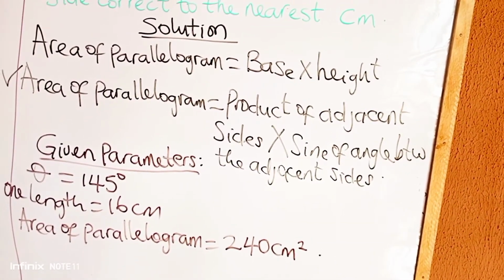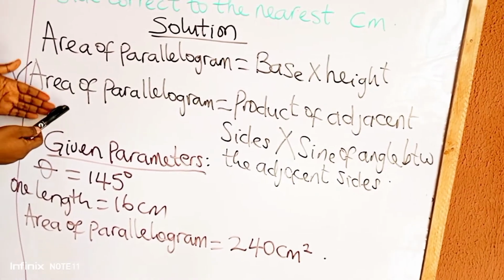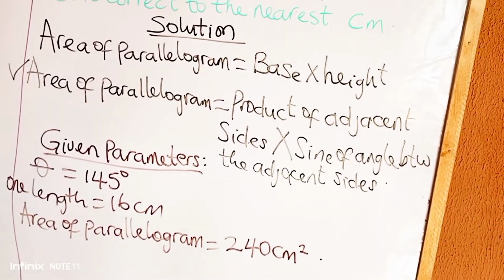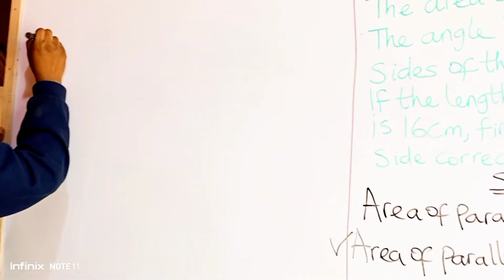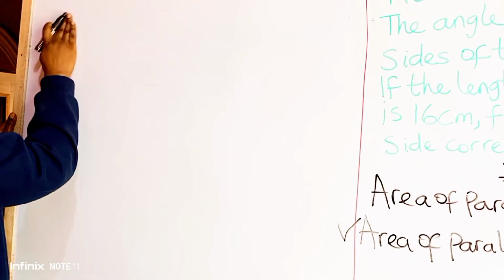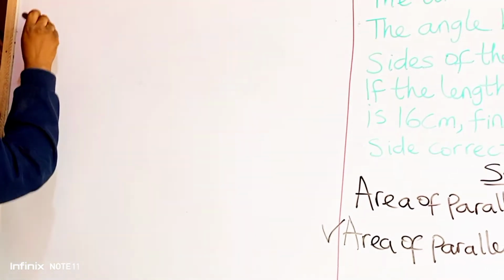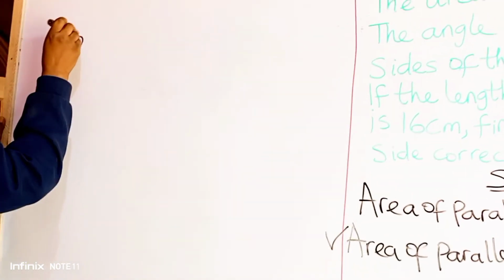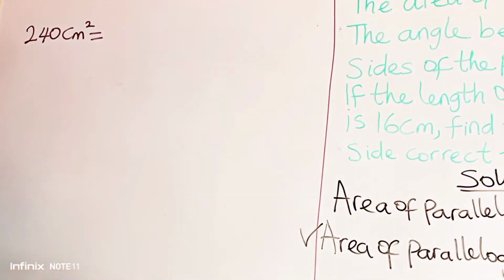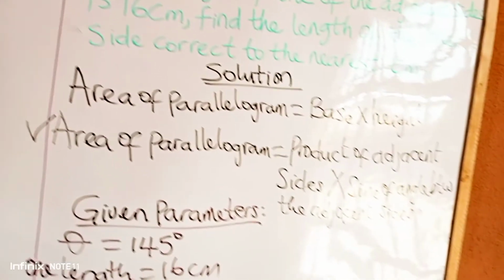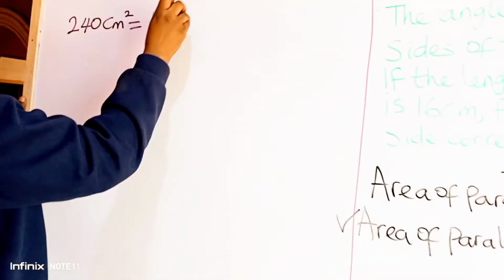So now, let's go back to the formula that we want to use and substitute there. We say that the area, 240 centimeters squared, is equal to one of the sides, 16 centimeters.